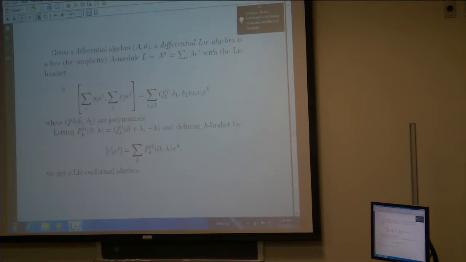Well, for the algebras, it probably goes back to the classification of Lie algebras, certainly back to Cartan.